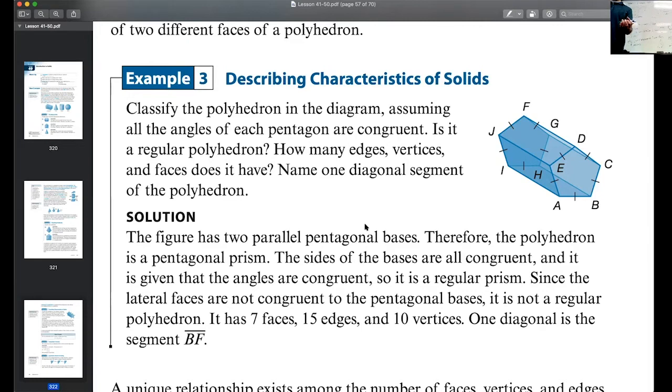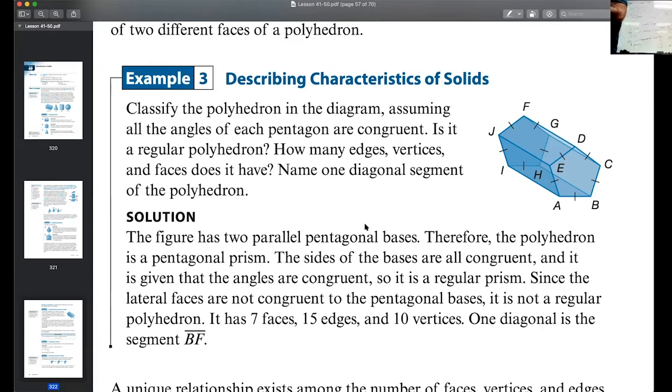You've probably seen those dice with like 20 sides. Those are regular polyhedrons because all the side lengths are the same. All the angles are the same, okay?